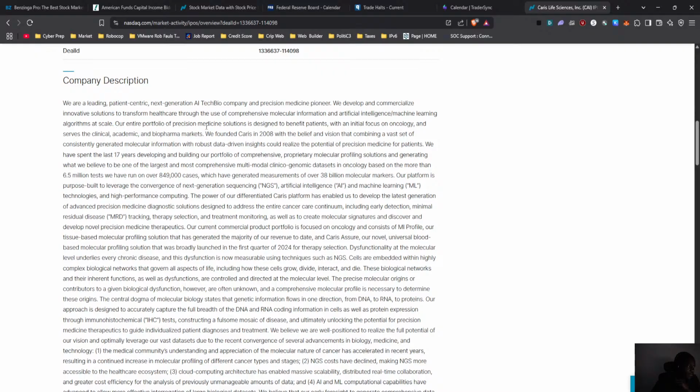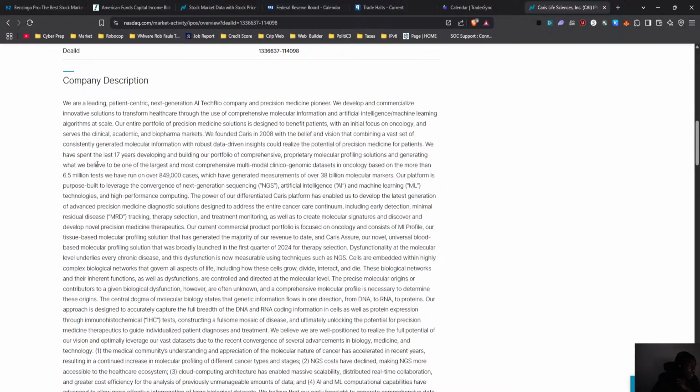Our entire portfolio of precision medicine solutions is designed to benefit patients with an initial focus on oncology and serves the clinical, academic, and biopharma markets. We founded Caris in 2008 with the belief and vision that combining a vast set of consistently generated molecular information with robust data-driven insights could realize the potential of precision medicine for patients.